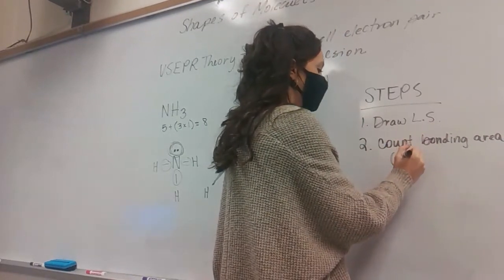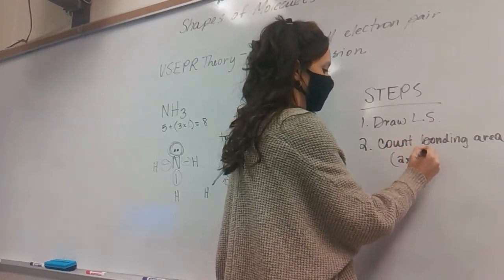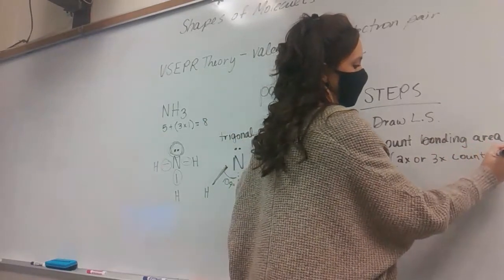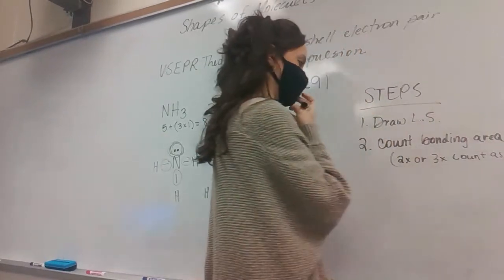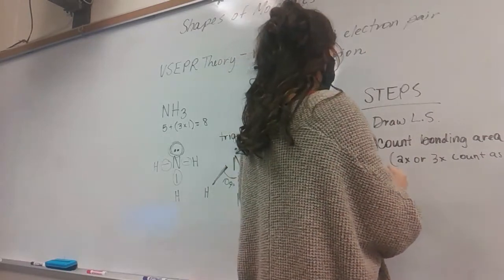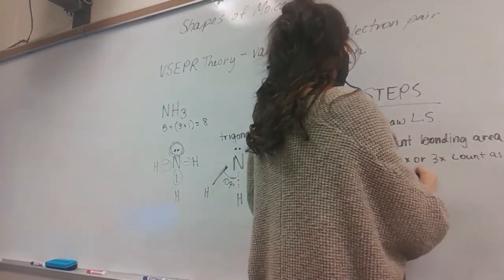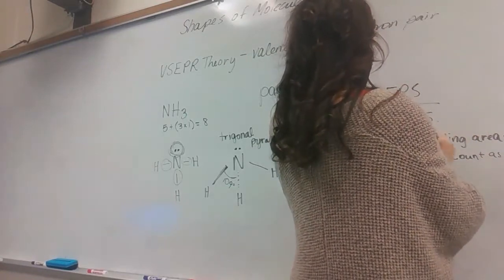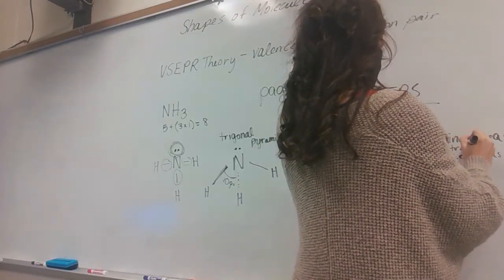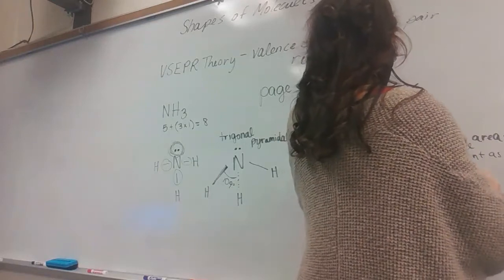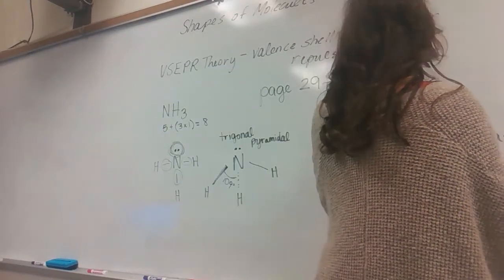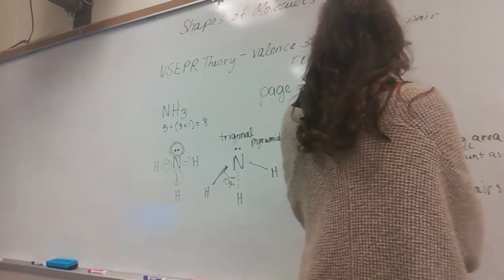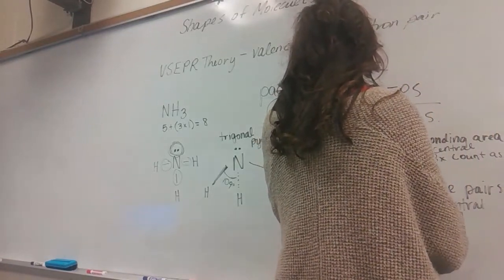A double or triple bond counts as 1 bonding area. Step 3, count lone pairs on central atom. And this is on central atom too. And then step 4, pick the matching shape.